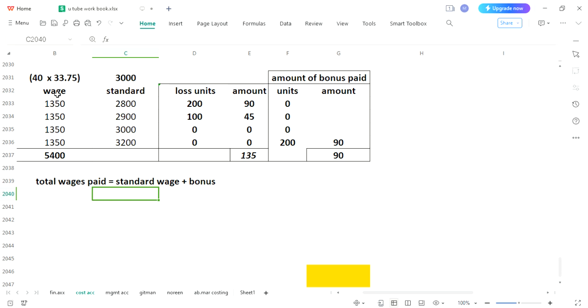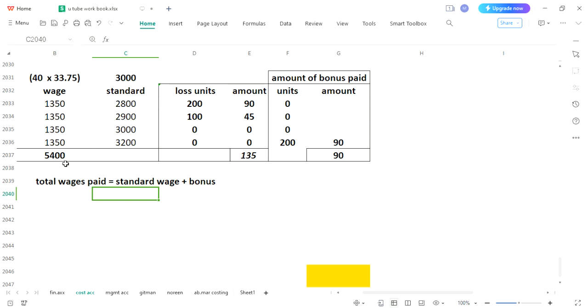Standard wage was this. Each worker will get 33.75 per hour, no matter if they had produced number of units less than standard or more than standard. Each worker will get a fixed rate or guaranteed wage of 1350 per person.